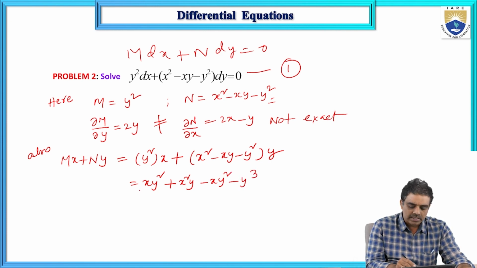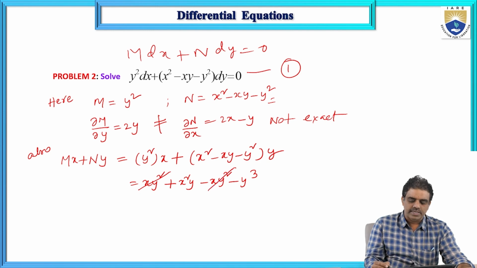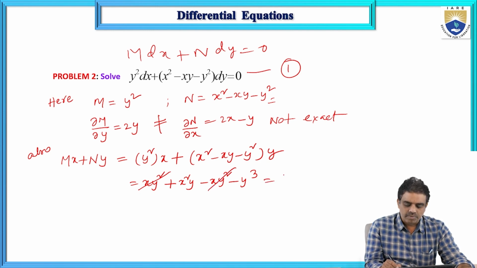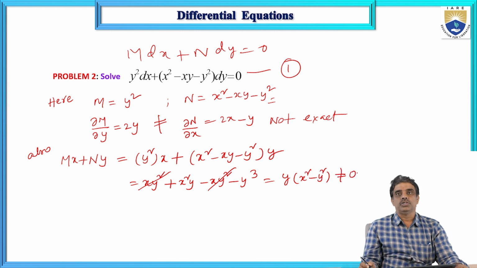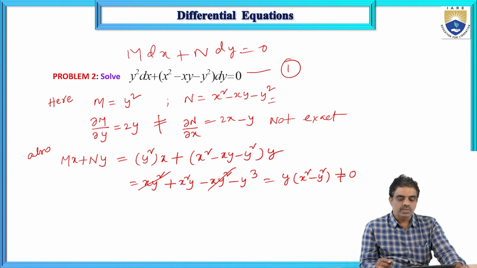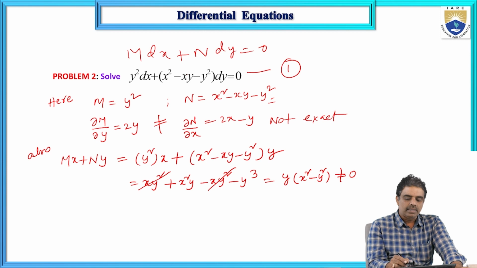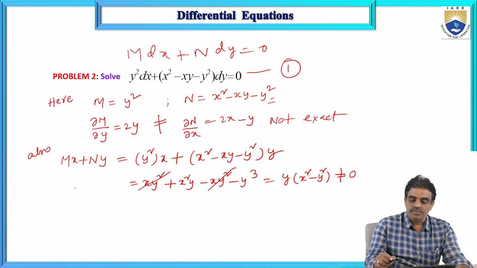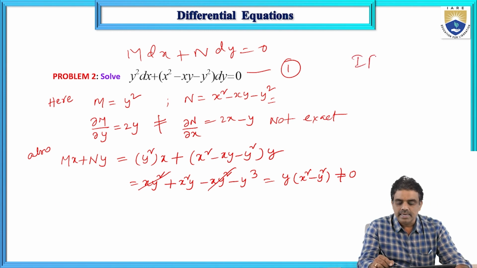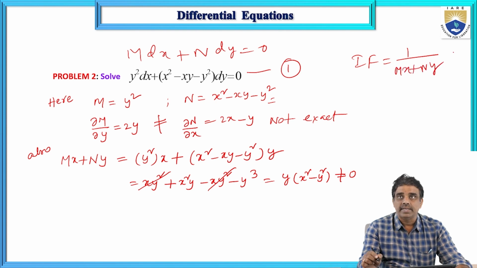The xy square terms get cancelled, and taking y outside, we get y into x square minus y square, which is not equal to 0. So it is not an exact equation, and the equation is a homogeneous differential equation with mx plus ny not equal to 0, so we can decide that the integrating factor will be 1 by mx plus ny.